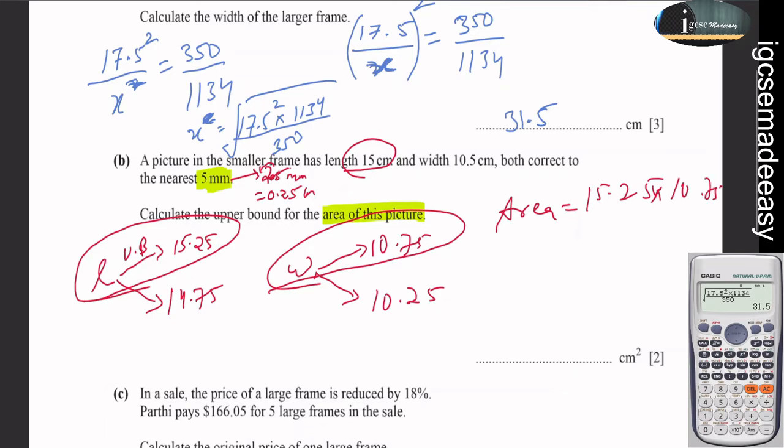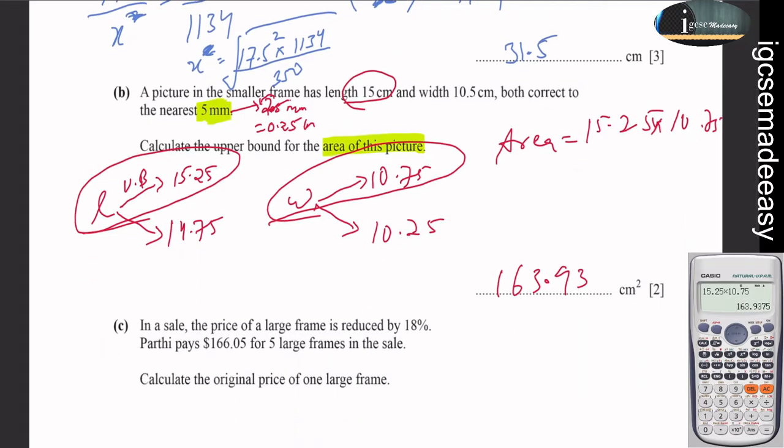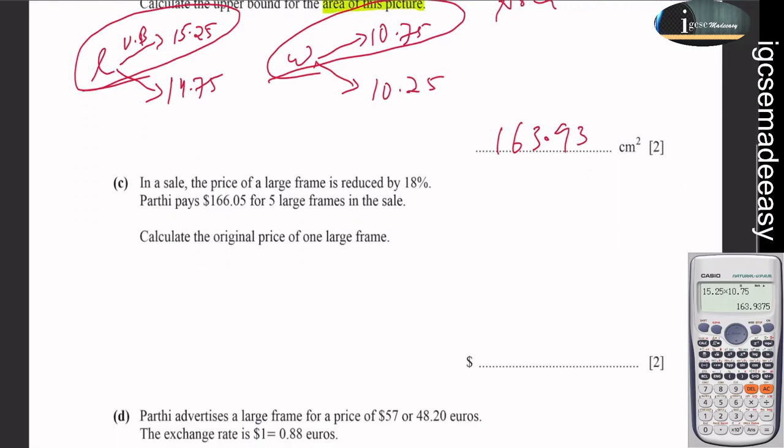If we multiply 15.25 into 10.75, we'll get the answer as 163.93. So 163.93 will be the area in this case.